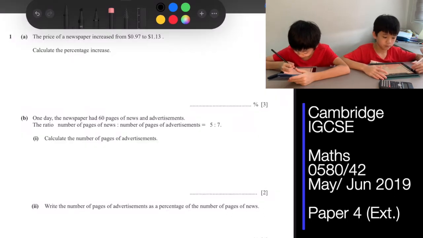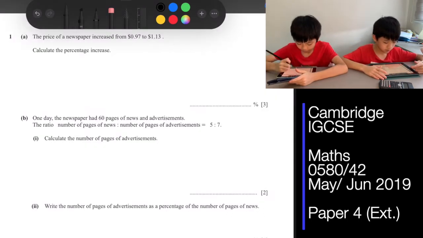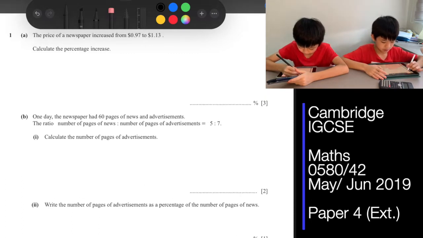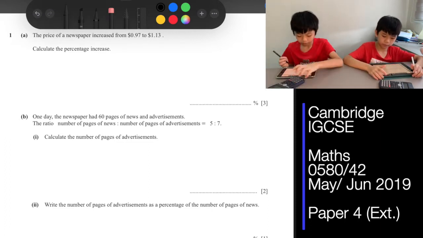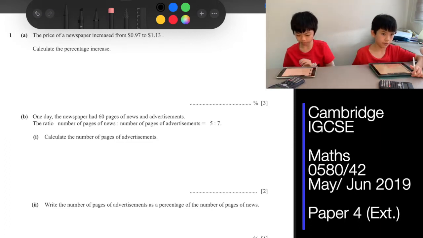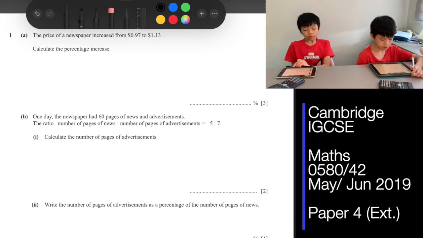Okay, for question 1b, one day the newspaper had 60 pages of news and advertisements. The ratio of the number of pages of news to the number of pages of advertisements is 5 to 7. We need to calculate the number of pages of advertisement.